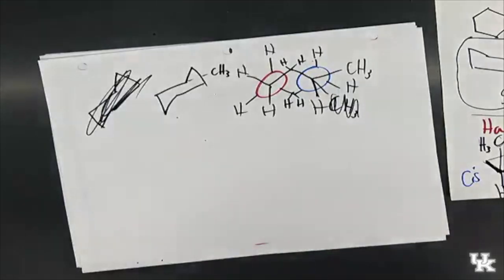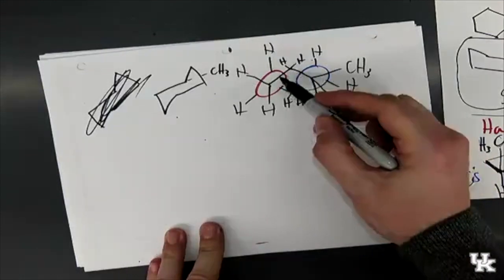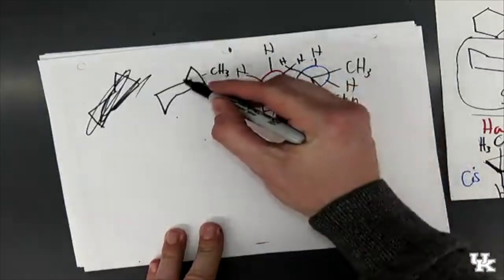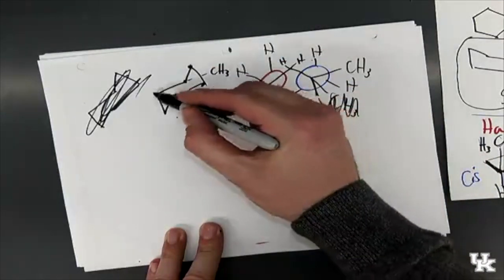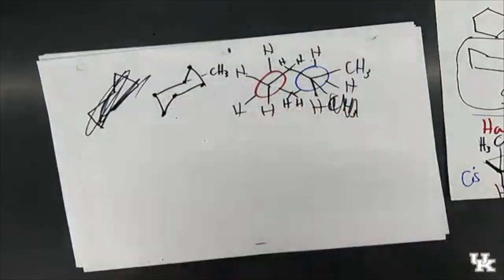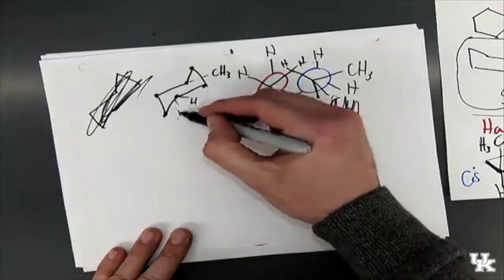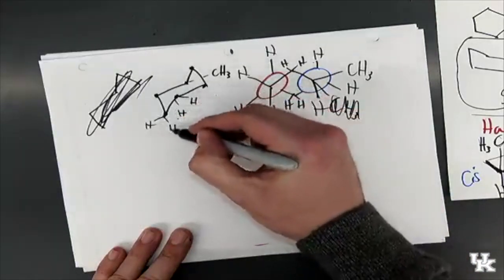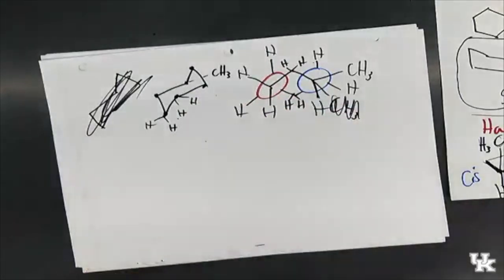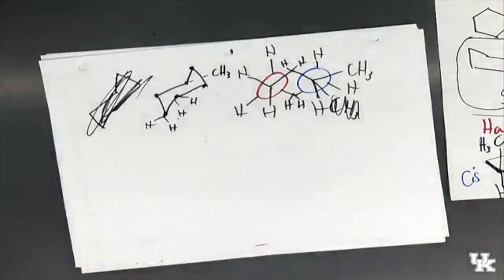So please remember, anytime you see two lines meeting, that means all the bonds you don't see, up to 4, are carbon-hydrogen bonds. So this cyclohexane has 2 hydrogens coming off of every carbon in addition to the bonds that are shown. Please don't forget that.